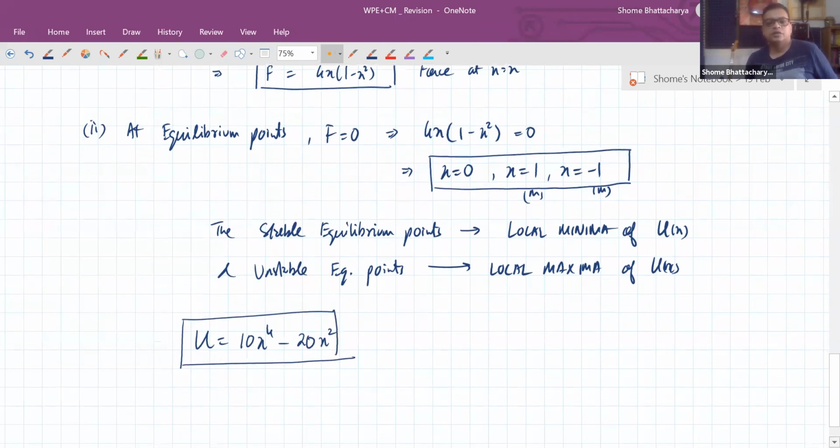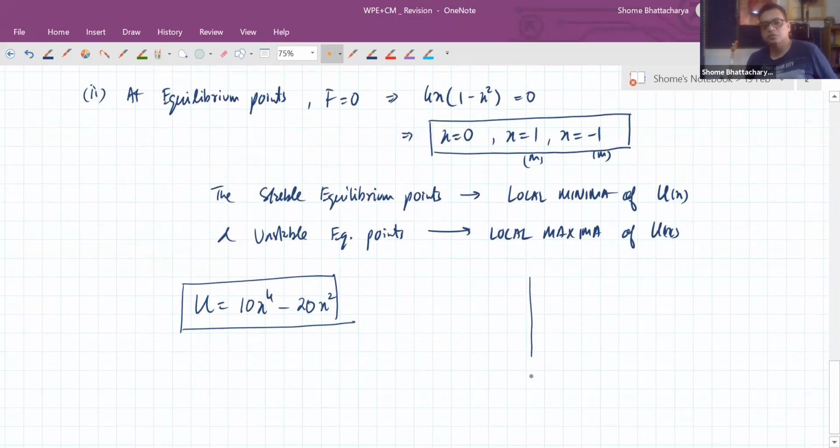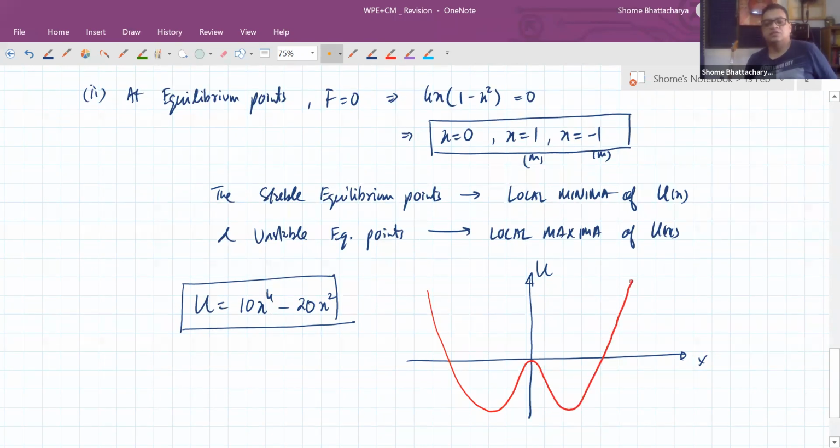So if we look at the graphical representation of the potential energy function, we would see that we have this kind of a shape.